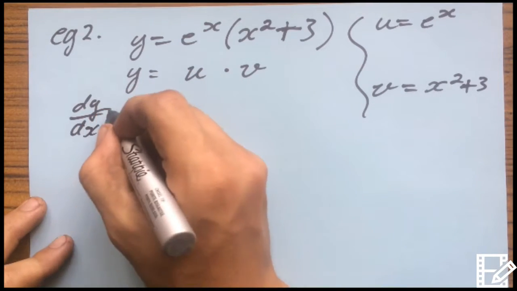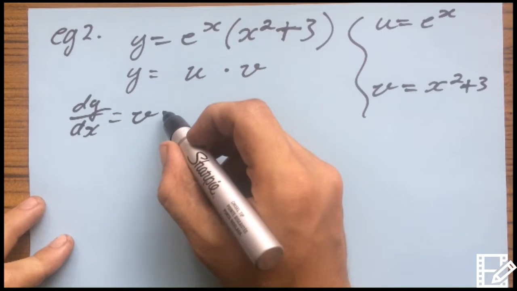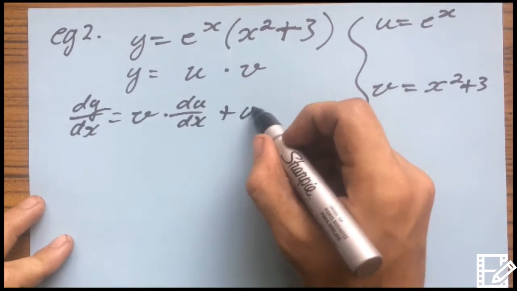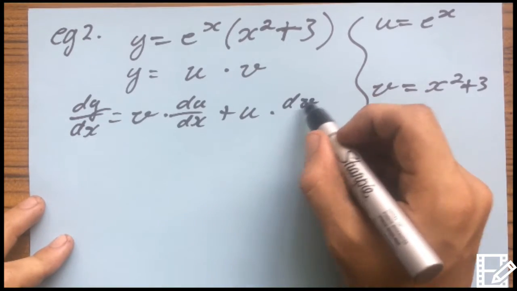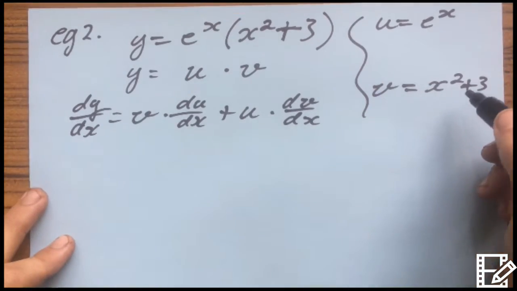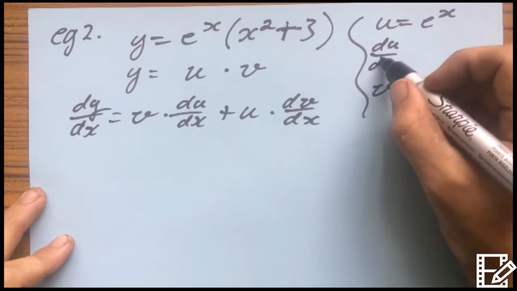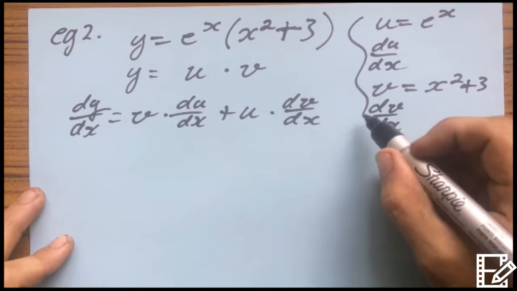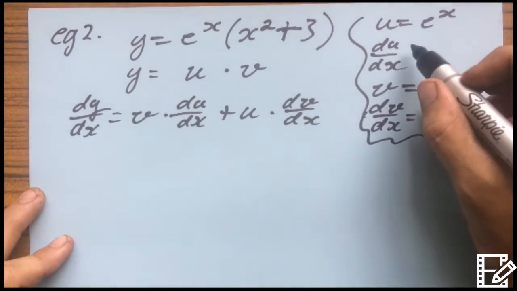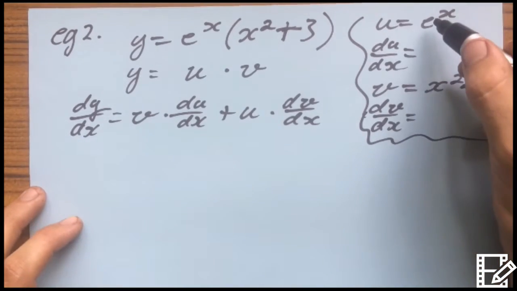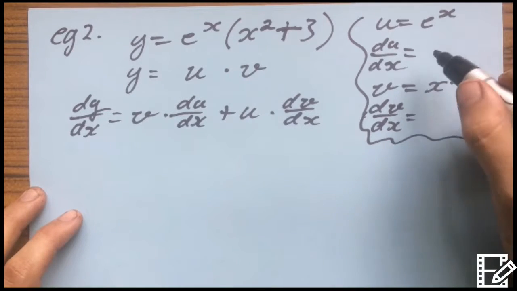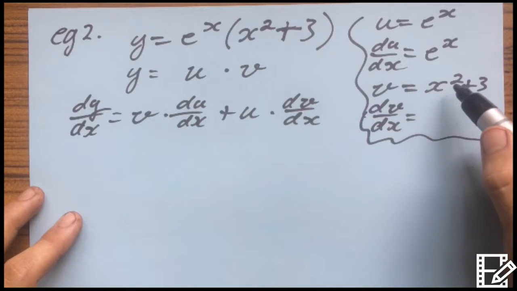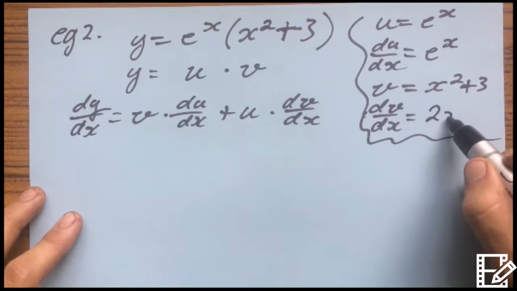Just like before, the derivative of this function is v multiplied by the derivative of u plus u multiplied by the derivative of v. So we need to find the derivative of u and the derivative of v. The derivative of u, e^x, just becomes e^x, and the derivative of x squared plus 3 just becomes 2x.